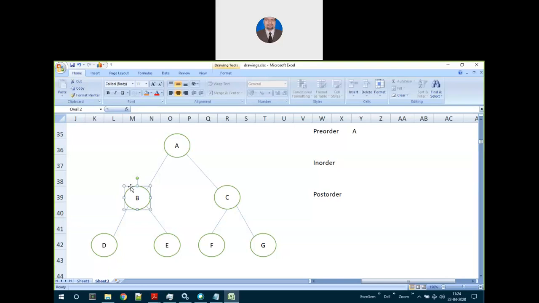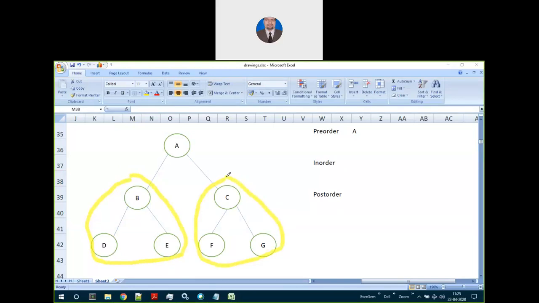Now I have to see whether this B is a parent or not. Here I can see that B is also a parent, which has its left as well as its right child. So I can further go inside this particular subtree. Let me draw some annotations here. I can call this a subtree and this another subtree.